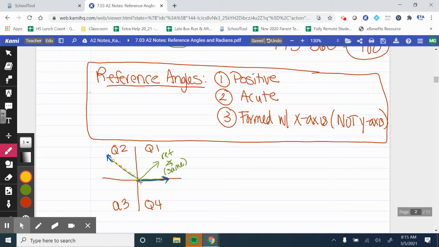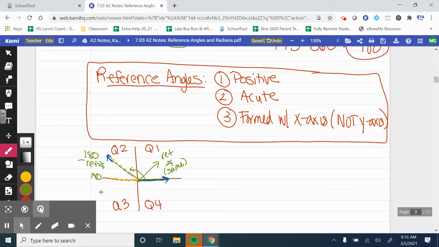So is the positive side closer or the negative? In this case, the negative. So that yellow angle is your reference angle. To find that angle, you would take 180 minus your reference angle. So if we went a full 180 is right here, but we don't want to go quite 180. We want to go this yellow amount less than 180. So we take whatever this angle is right here and subtract that from 180.